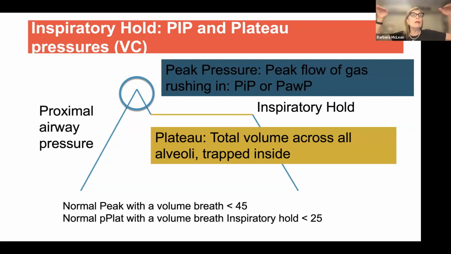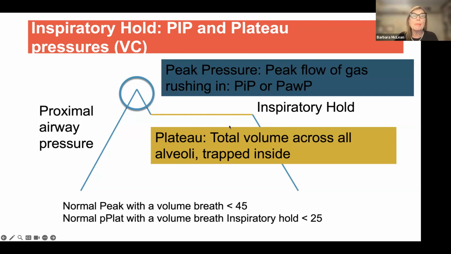The bigger the lung, the lower the pressure. The smaller the lung, which means less compliant. I'm not talking about an adult versus a neonate. I'm talking about somebody that I'm concerned has ARDS. The bigger the lung, the lower the pressure with the same amount of gas that goes in the lung. But when the lung gets stiff and the alveoli are de-recruited, now the lung has gotten smaller because the alveoli are de-recruited, the higher the pressure, because now I'm putting the same volume in a much tighter vault.